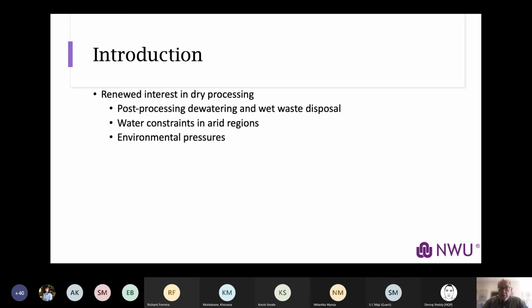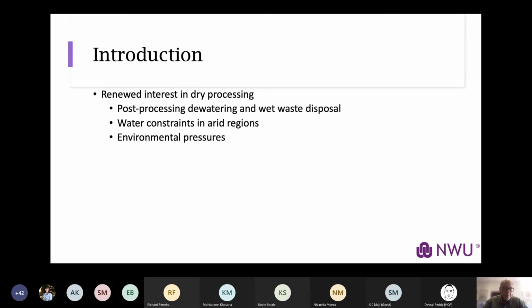Now, I'm preaching to the converted, I guess, by saying that there is an interest in dry coal processing because of the problems and the costs normally with post-processing dewatering and wet waste disposal. There are all sorts of water constraints in arid regions, so there's lots of motivation to move away from wet processing.